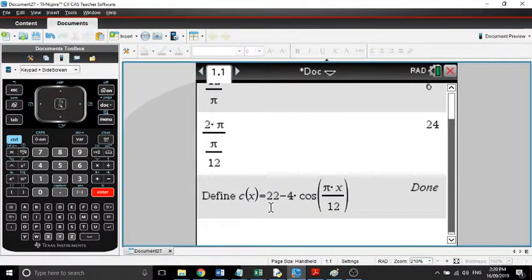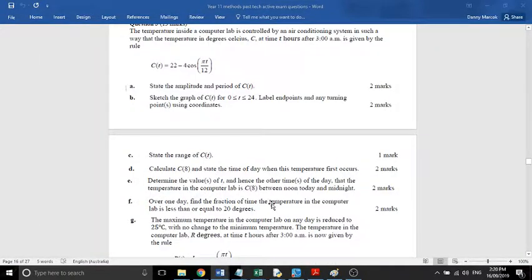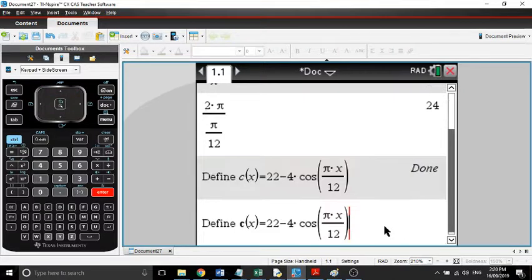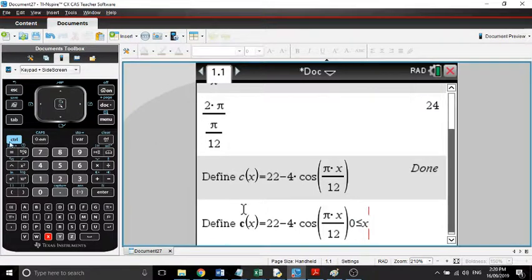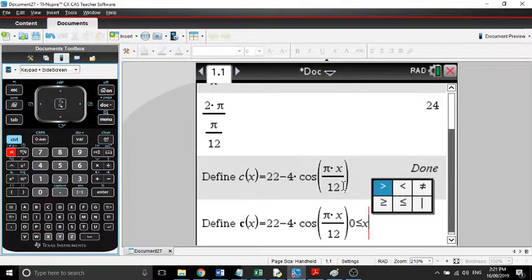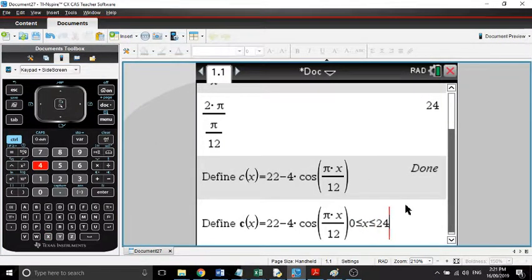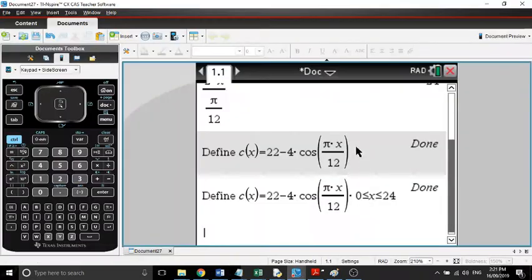Let's see if they match up. Cool. Now we're going to define the domain, going between 0 and, in the question, it tells us 24.